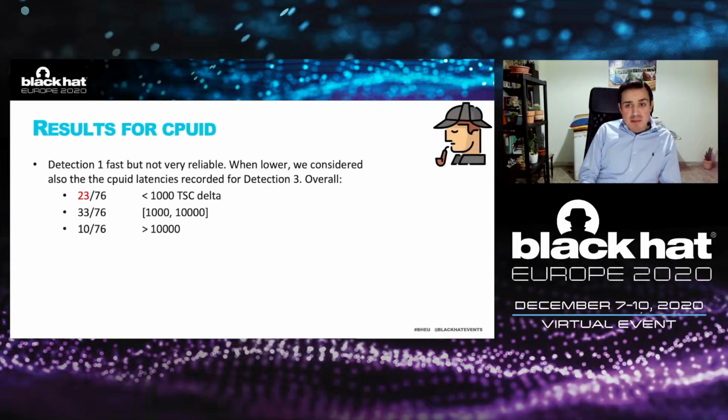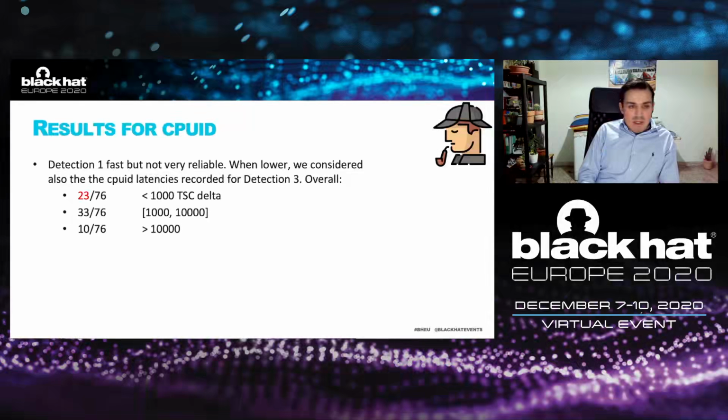For CPUID, we observed that only 23 machines passed this test. We obtained this number by double-checking the latencies with the results from detection 3, since the average is not really a good method, but this is done in the wild. And what about these 23 machines?